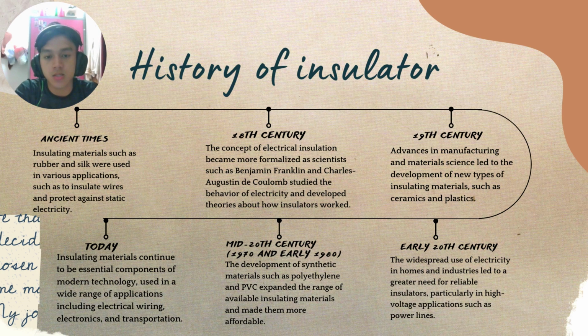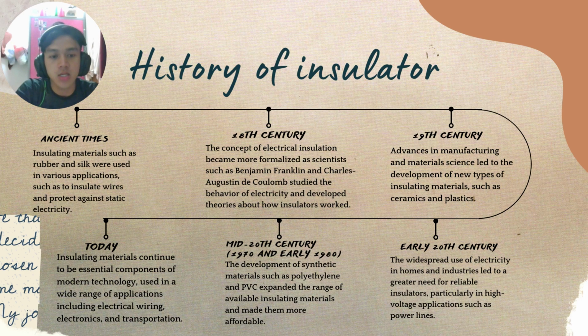In the 18th century, the concept of electrical insulation became more formalized as scientists such as Benjamin Franklin and Charles Augustin de Coulomb studied the behavior of electricity and developed theories about how insulators work. While in the 19th century, advances in manufacturing and materials science led to the development of new types of insulating materials such as ceramics and plastics.